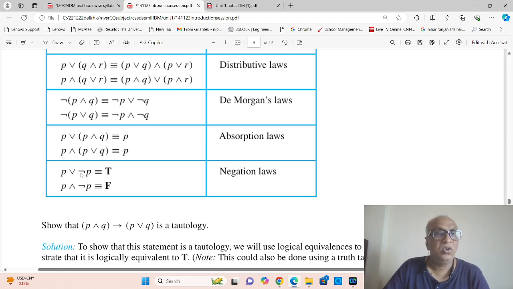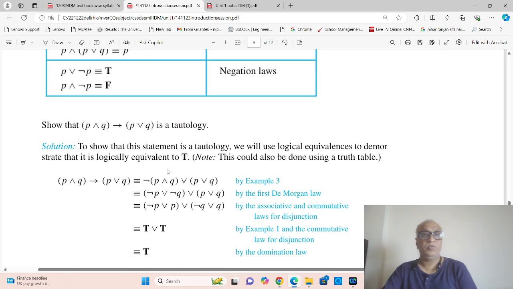You have negation laws also: P or not P equals true, P and not P equals false.